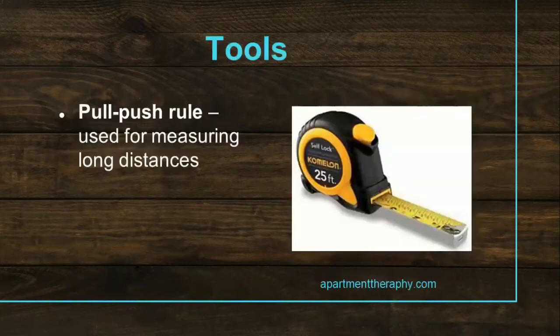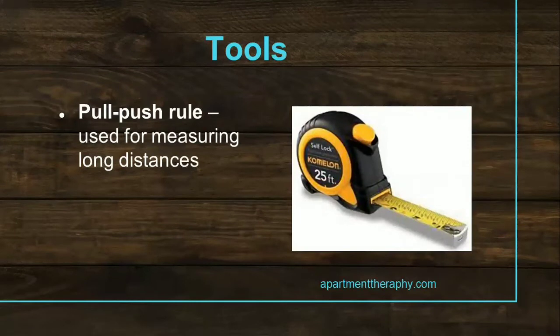Okay? Now let's proceed to the tools. First up, we have the pull-push rule. The pull-push rule is used for measuring long distances. It is stretched to measure long stock and can retract by itself into its coil.